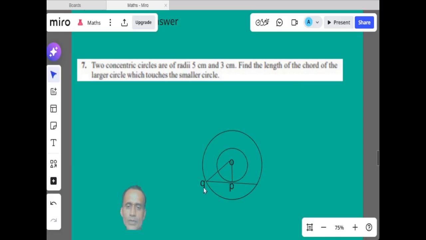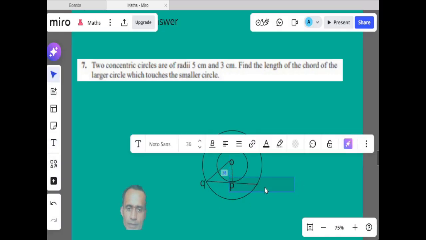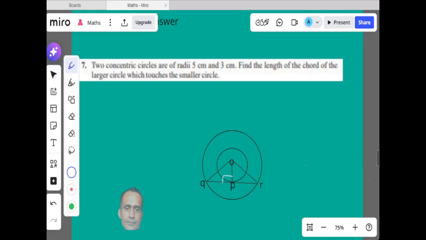So this end of the chord is Q, and this point be, let's say, R. So we need to find QP. And what do you think? QP will be equal to PR? Yes. Why? Because these two angles are 90 degree, this side is equal to this side, and this side is common.